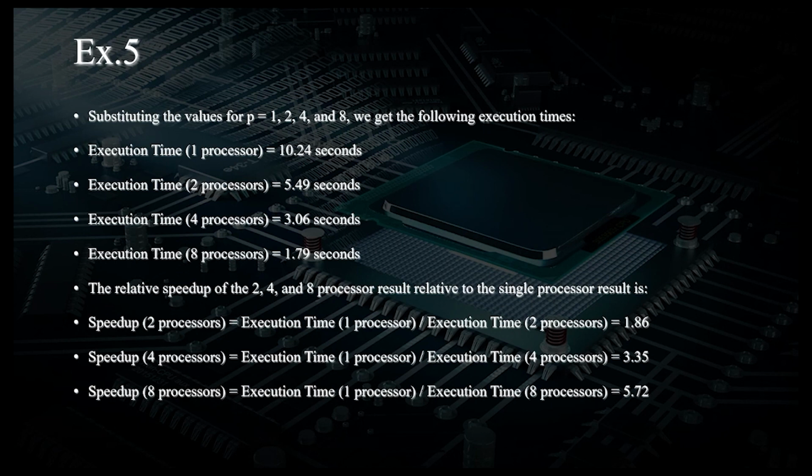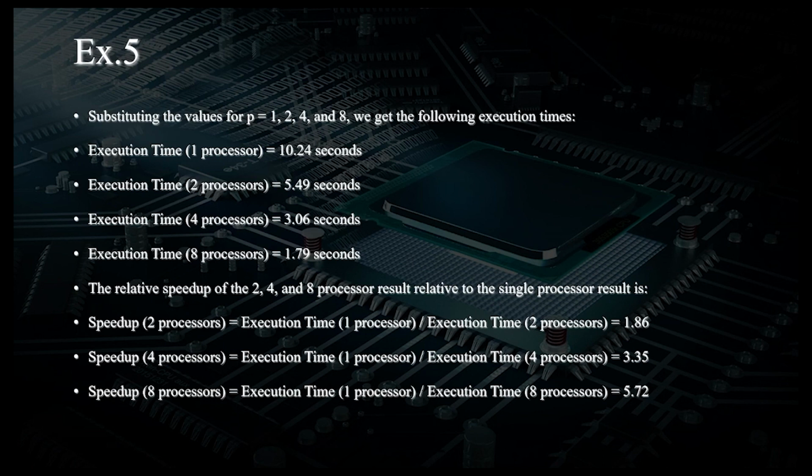And then when we substitute the number into those equations, we will have the result of it, and for each value of P we will have 1, 2, 4 and 8, and we will have the result of each execution time.